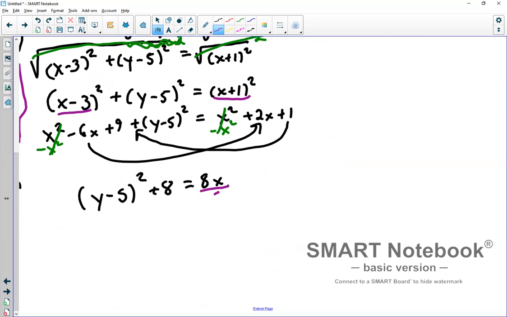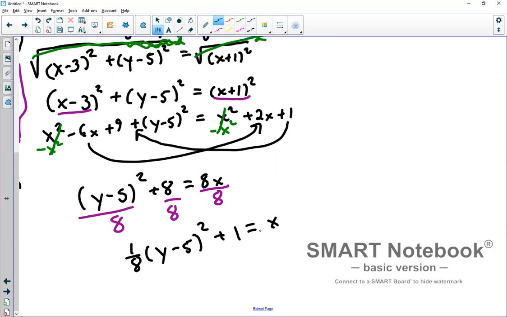So I have to isolate the x, so it's divided by 8 on everything. So over here in front of the parabola, I'm going to rewrite that as 1 over 8, y minus 5 squared plus 8 divided by 8 is 1 equals 8x divided by 8 is just x.